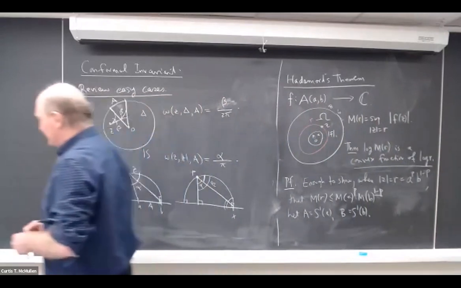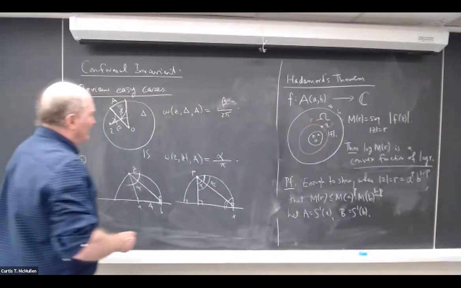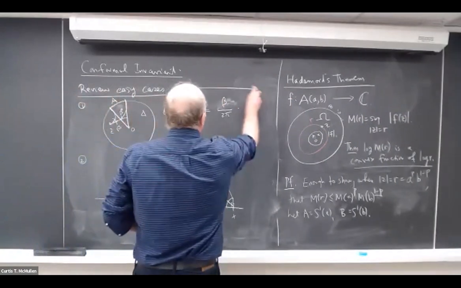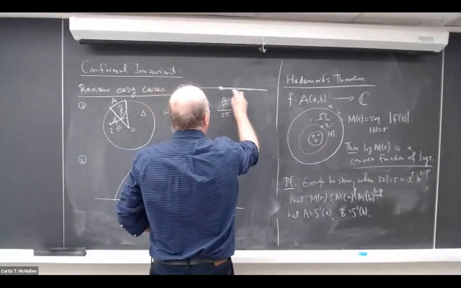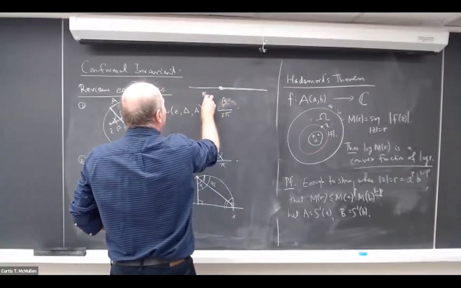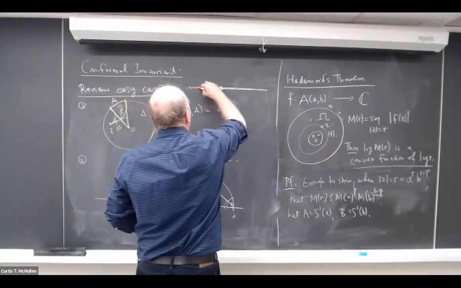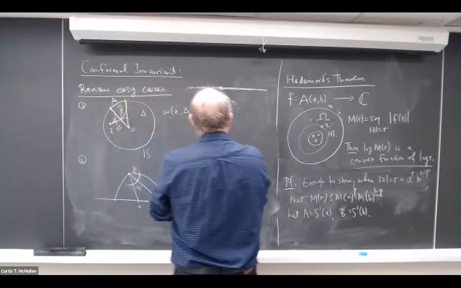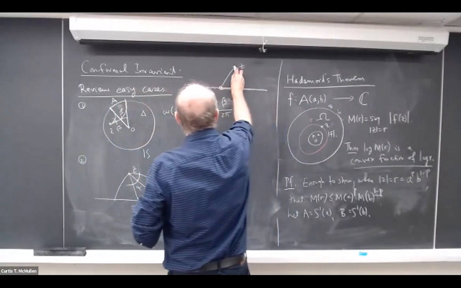Okay, so those are two examples that we should have firmly in mind. And in particular, we understand very well what the harmonic measure is of, say, the negative real axis. The harmonic measure of the negative real axis, as seen from a point Z, is just this angle here.